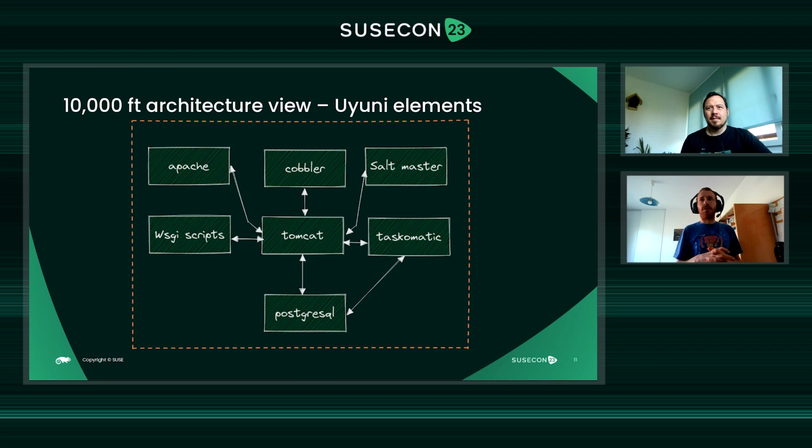This web application will also have to talk to the Salt master to execute actions on the Salt systems. It will also have some exchanges with Cobbler to set up PXE booting setups. Obviously it stores data in the PostgreSQL, and there's also Taskomatic, which is a small daemon that is running on the server as well.